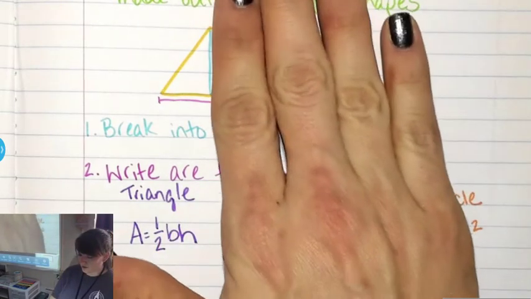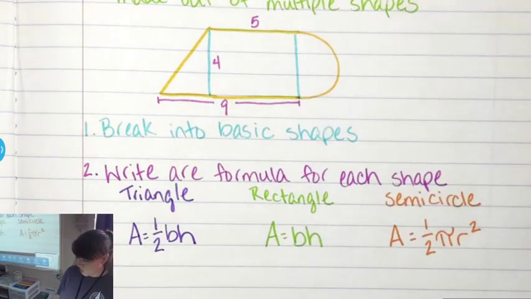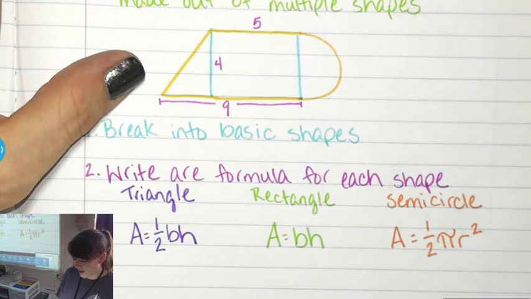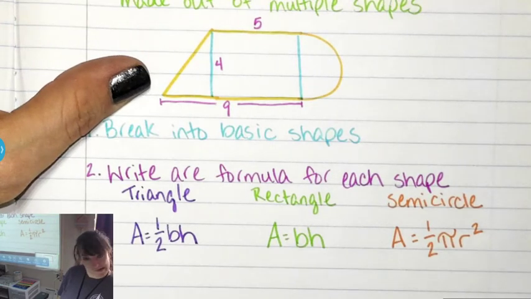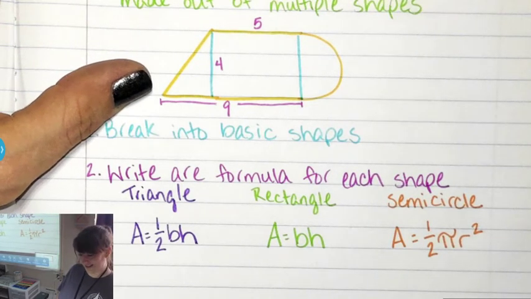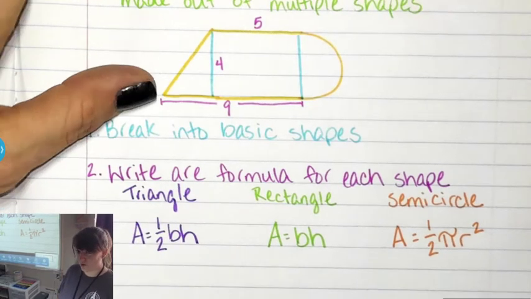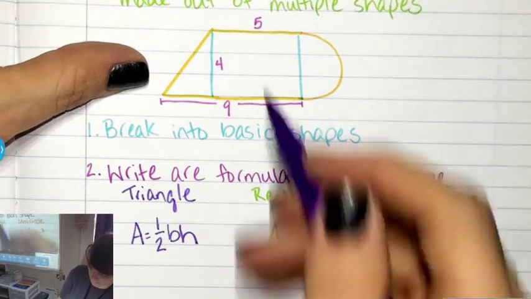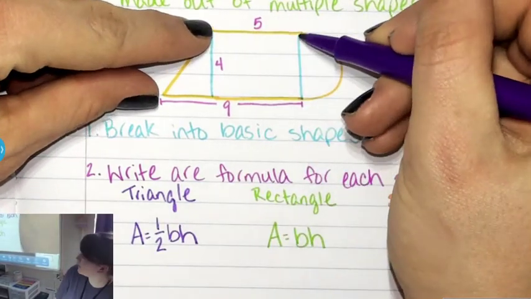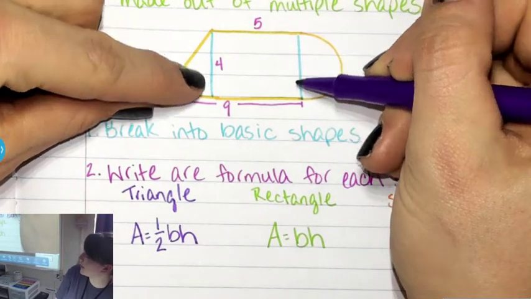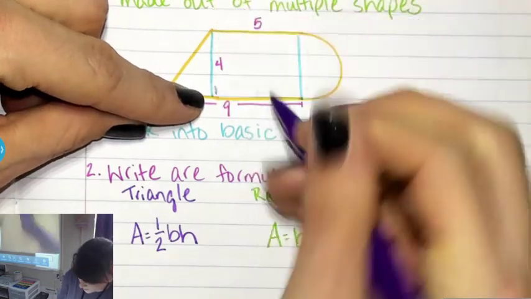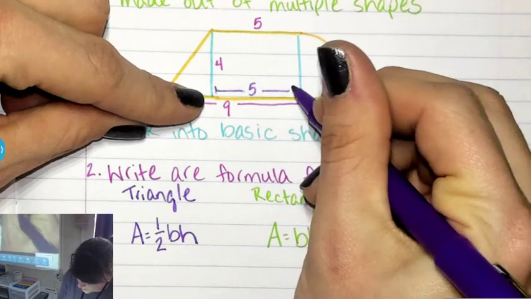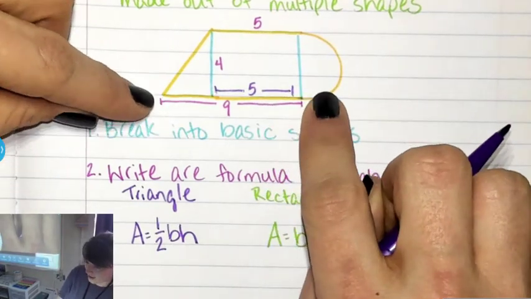My triangle, right here. I need base and height. What's the base of the triangle? 4. How'd you get it? 9 minus 5. If this is 5, and you take 5 and you carry it down, from here to here is 5. And I know from here to here is 9.